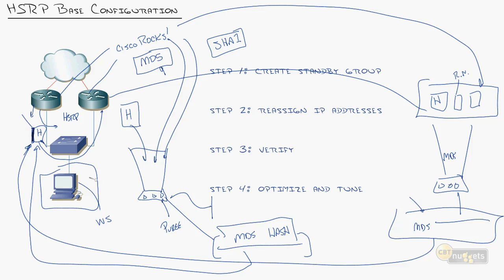When this guy says, I want to join your group, he can very well send hellos that look like my group number. It says, I've got the same virtual IP, I've got the same standby group number, I've got all the stuff the same, right? But what he doesn't have is this missing value, Cisco rocks.